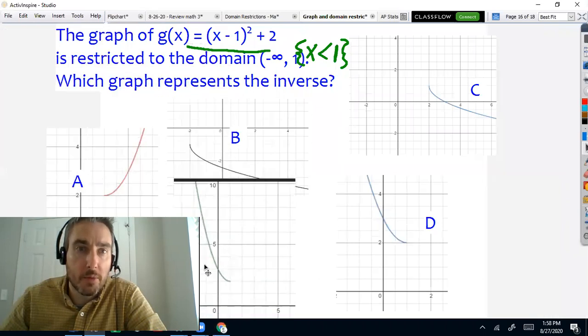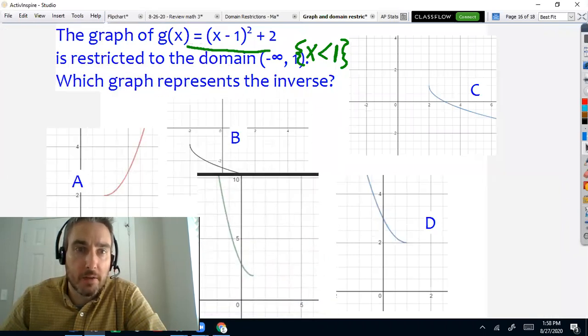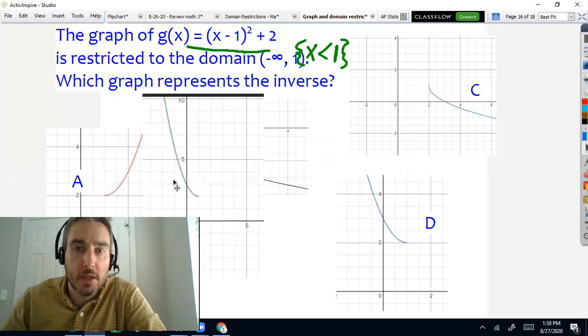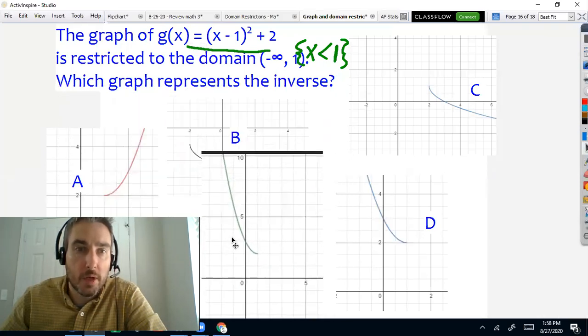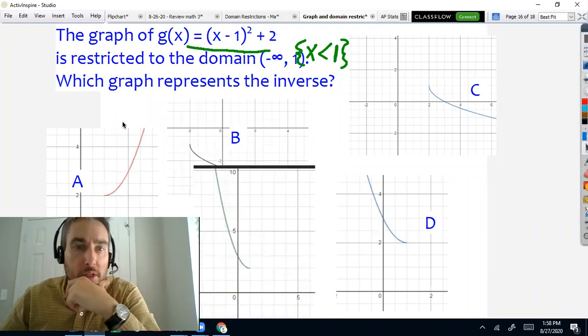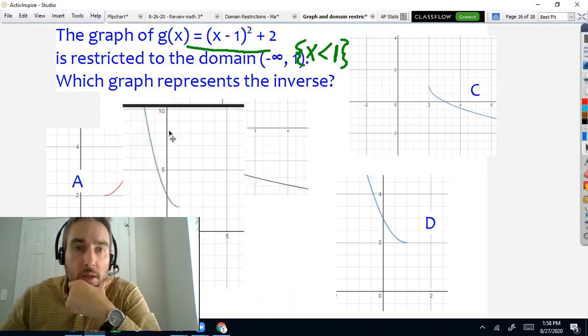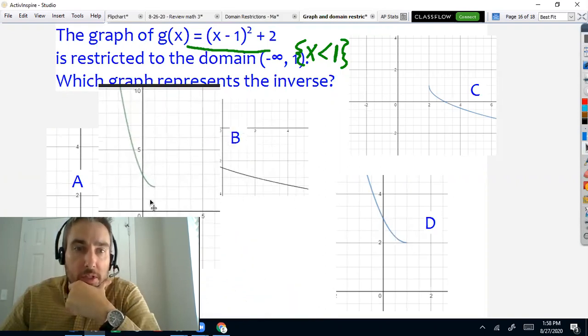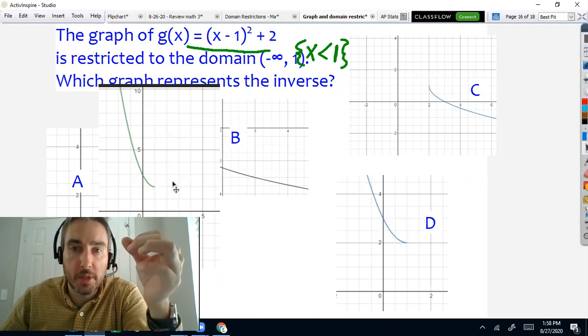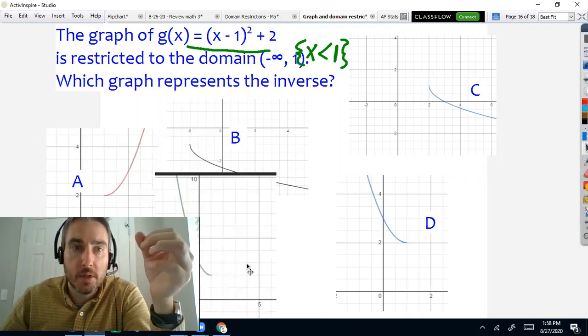Now, which one represents the inverse of that function? Well, remember, inverses are reflected over the line y equals x. So if you look at this point, the line y equals x is diagonal. It's not going to be this one because that's more of a vertical reflection. If you look at this point here, which is at 1, I believe 2, we would expect the point 2, 1 to exist on our inverse.